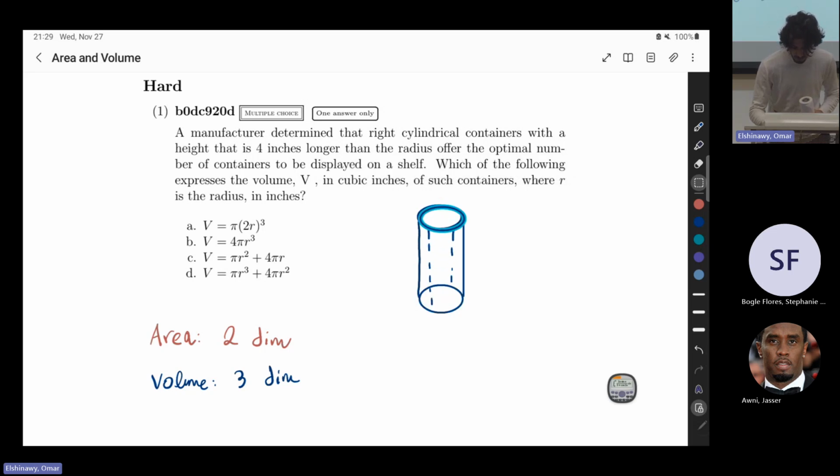So you take this very small circle here, and you have this line, and you're sweeping the circle across the line. And this is what causes this cylindrical shape.